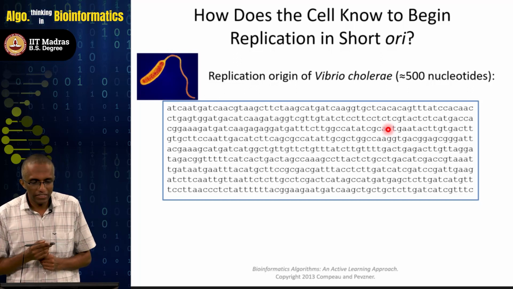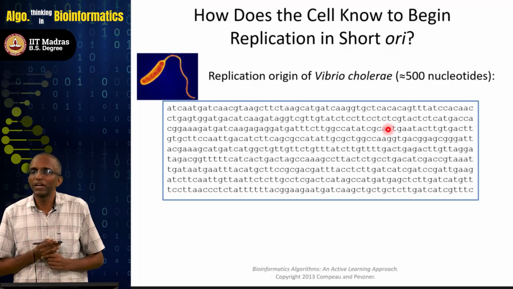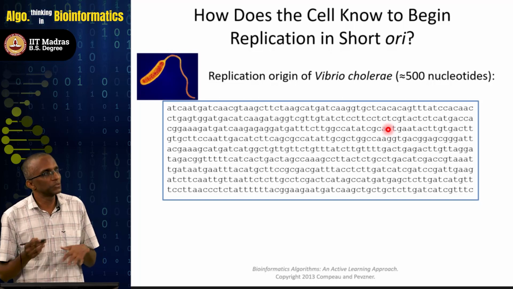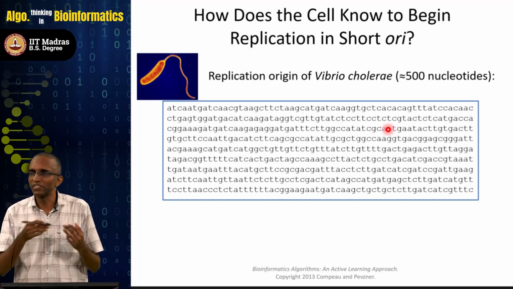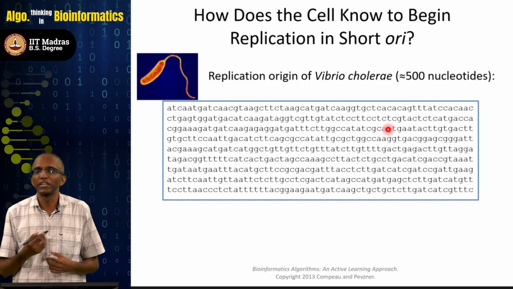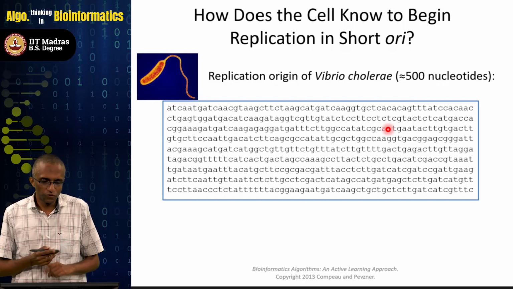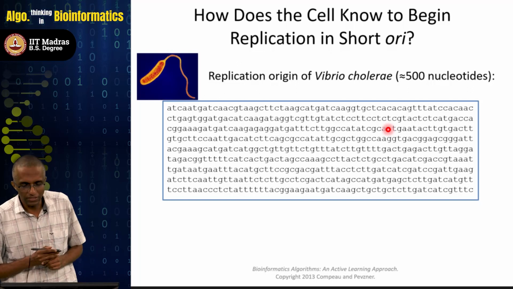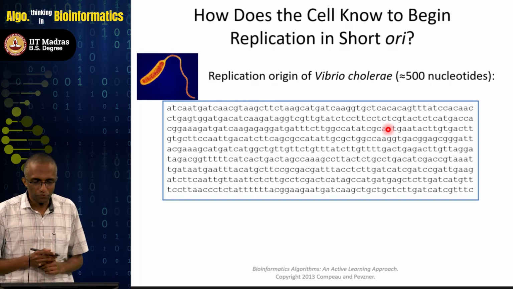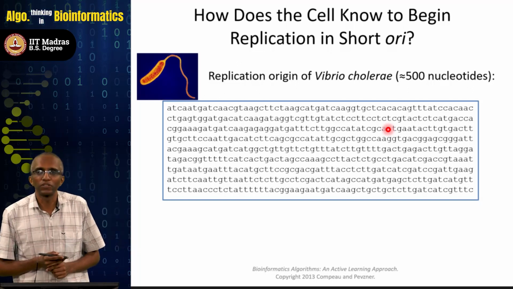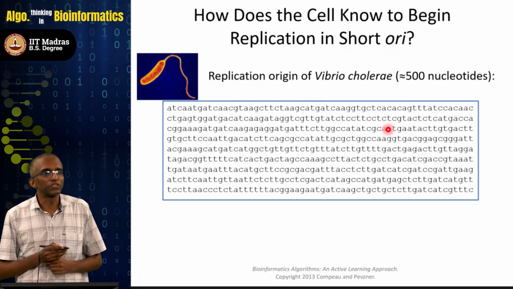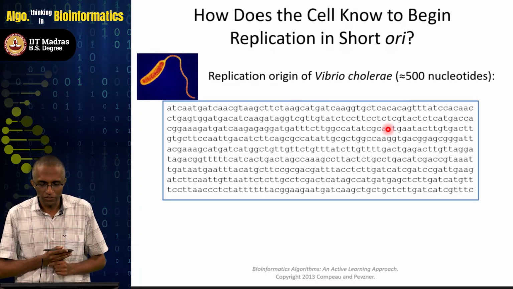Let us see if this contains any patterns or motifs, so that we can use that to prioritize which regions to look for in the whole genome of any new bacterial genome that comes up. So for this bacteria which causes cholera, this part of 500 nucleotides of the genome is the replication origin, or ORI.